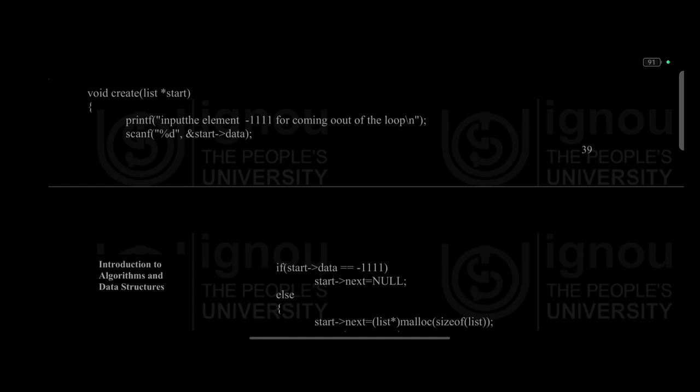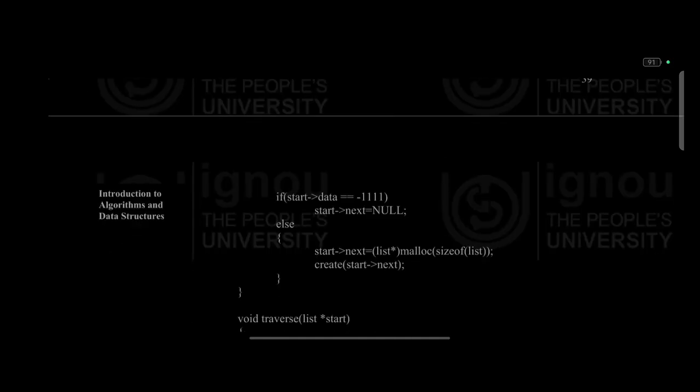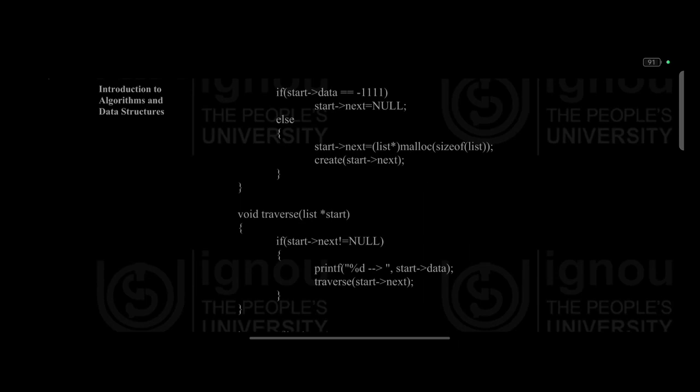Scanf %d and start minus greater than data. If start minus greater than data is equal to minus 1111, start minus greater than next is equal to null. Else start minus greater than next is equal to list *malloc size of list, create start minus greater than next.